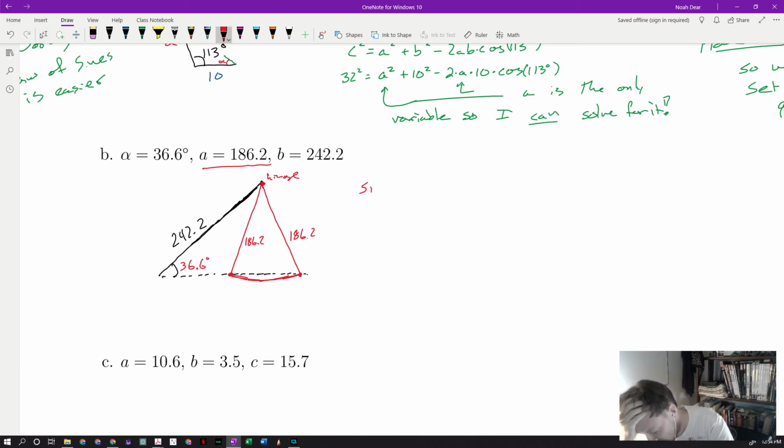So I'd have sine of 36.6 degrees over 186.2 equals, label 242.2 in blue. So that's our B value.